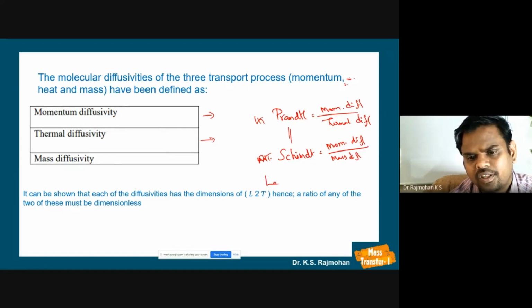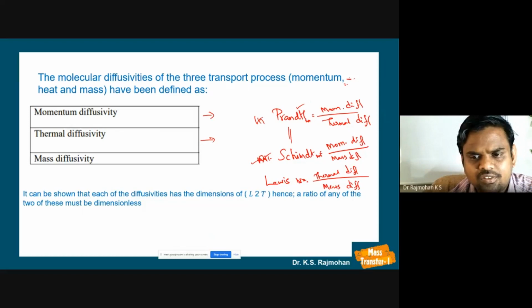Okay, so we have another number called Lewis number, which is the ratio of thermal diffusivity by mass diffusivity. So we have some dimensionless numbers. Prandtl number is defined in heat transfer, and for mass transfer we have these. So they are equivalents. Okay, so that we will discuss later.